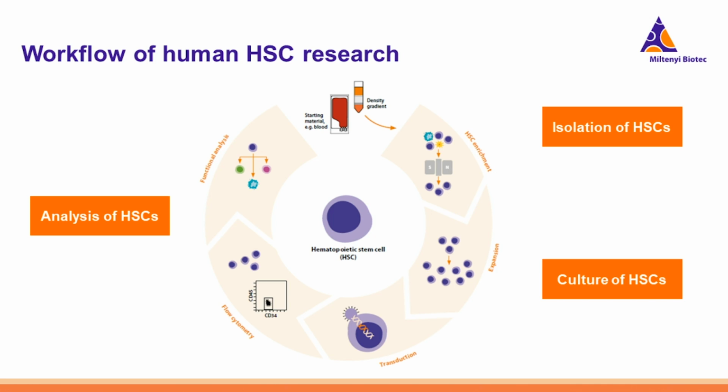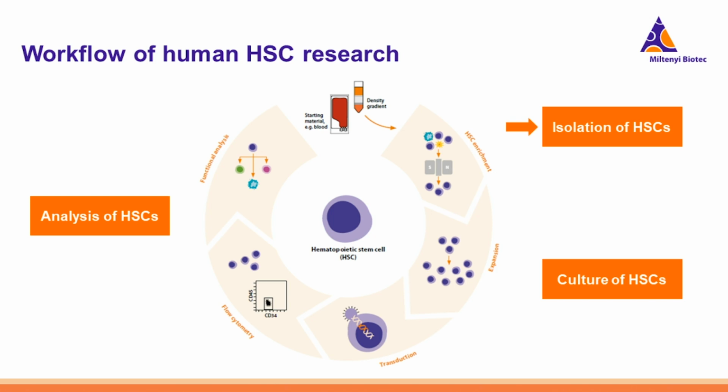For the analysis of HSCs, specific markers are used to define the phenotype, and HSC colony assays are used for functional analysis. At Miltenyi, we provide products for the complete workflow of HSCs. By going now through the workflow, I will give you more information on each topic.